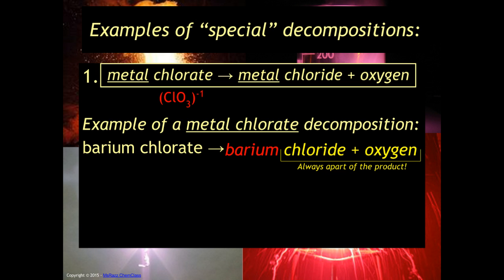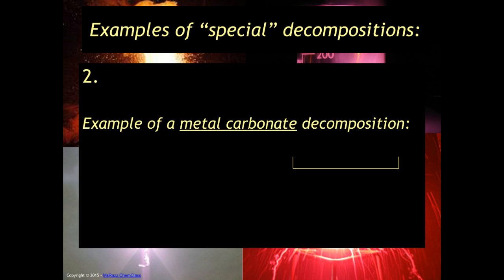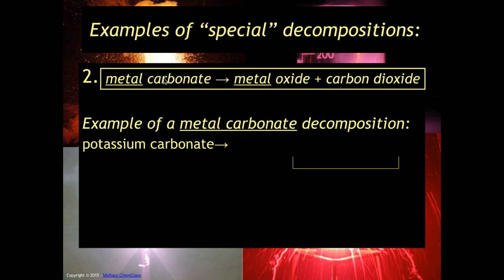So what's next here? We have another example of special decompositions. Now we're going to talk about carbonate. An example of a metal carbonate decomposition would be potassium carbonate. A metal with carbonate yields metal oxide plus carbon dioxide, okay?